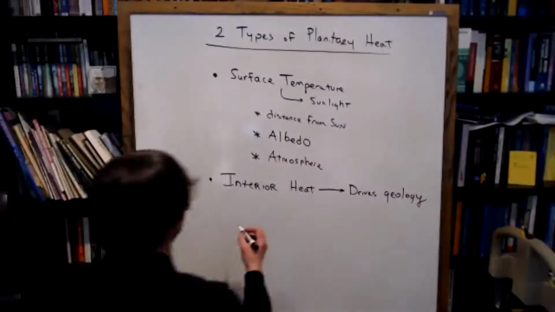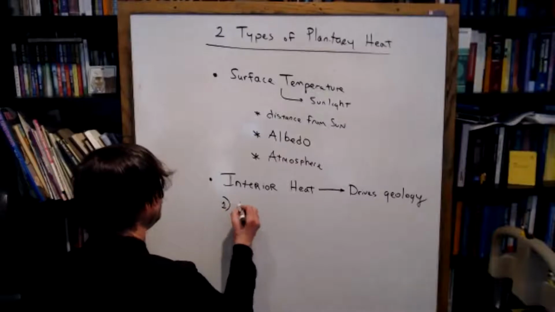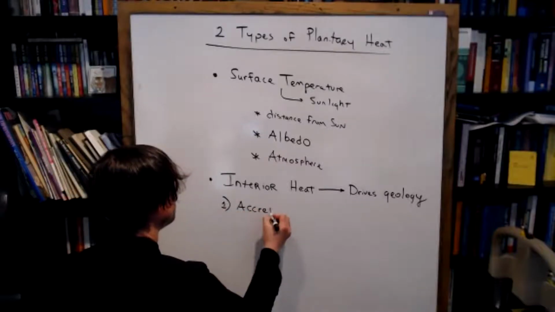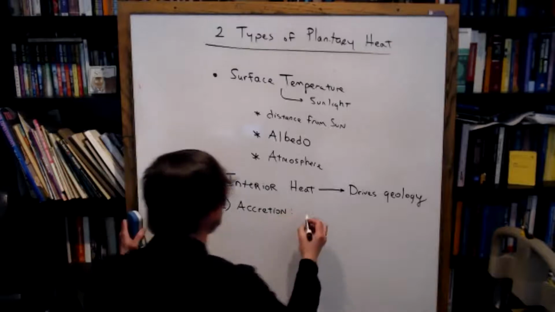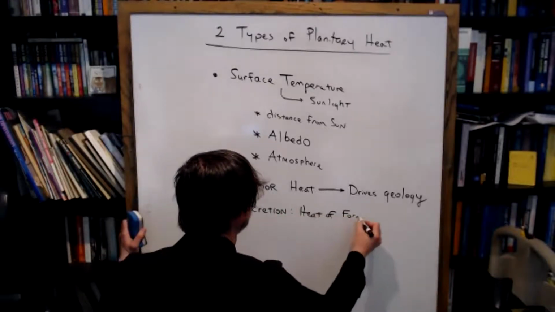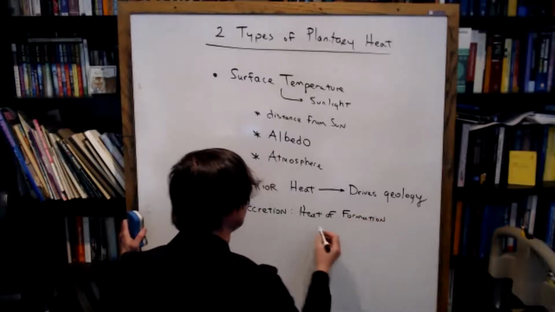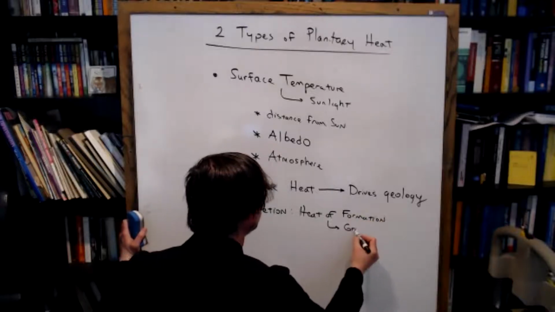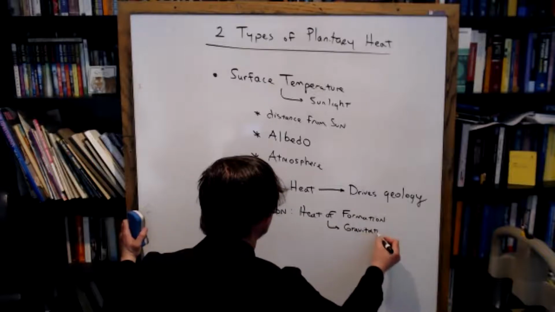So interior heat comes from, one, accretion. And accretion basically means the heat of formation, which ultimately is coming from gravitational potential energy.